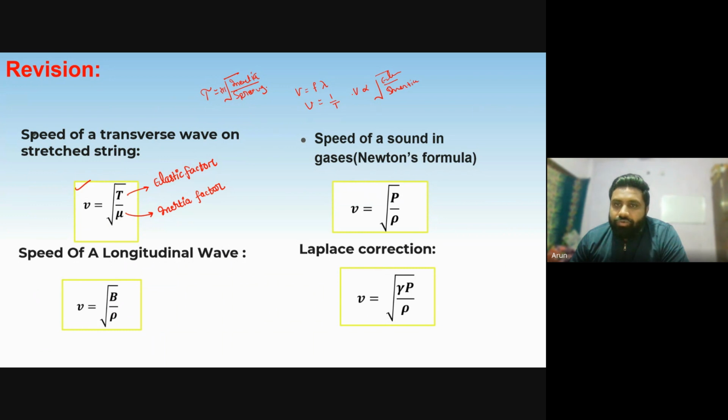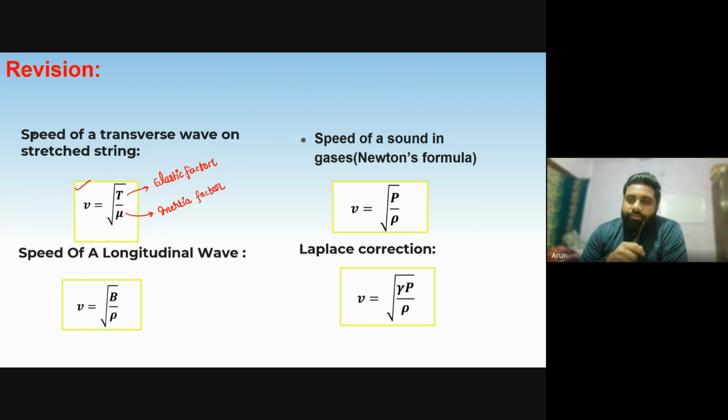So it is also verifying our statement that this velocity depends on the elastic factor of the material and the inertial properties. And how and why it depends, we have discussed.